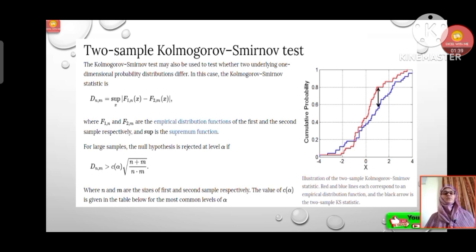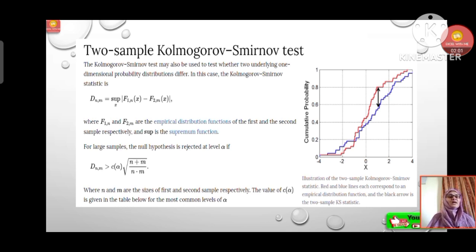Then you have to sum up all the terms. For large samples, the null hypothesis is rejected at level alpha if the formula given here holds, where everything is denoted, and you can see the graph also, an illustration of the 2 sample KS statistic.